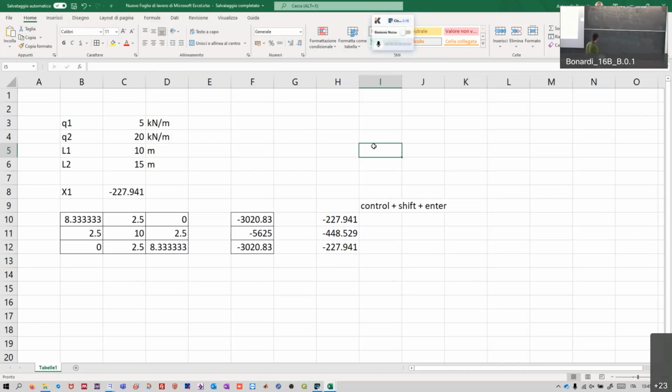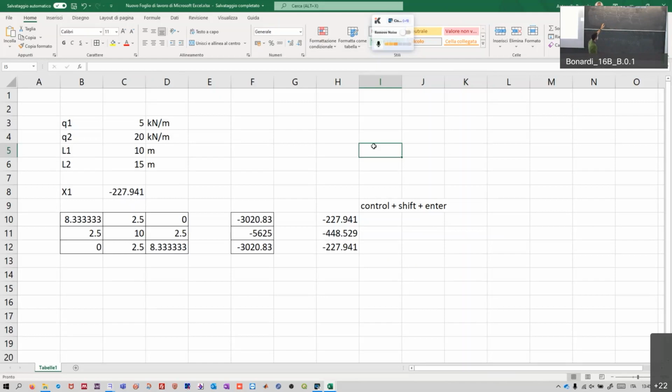Then, we have that VG obviously is equal to VC because the structure is symmetric, and I will not show that. Then we have VE, which is best found by making the sum of all the vertical forces.